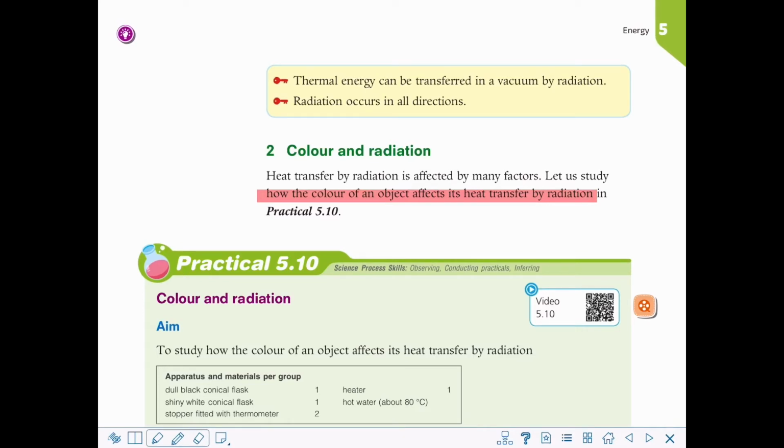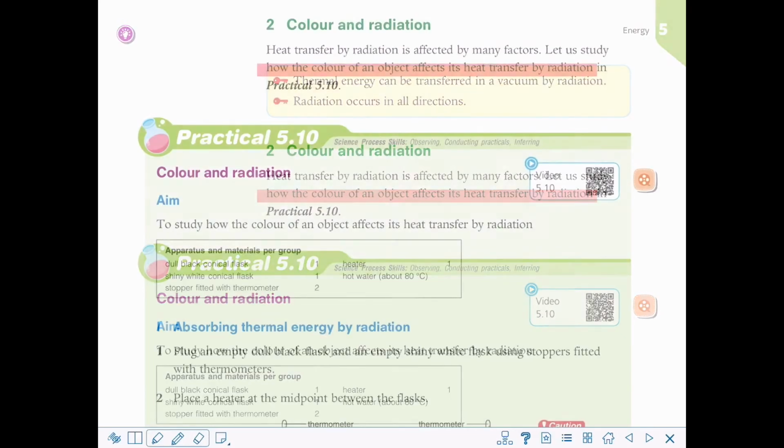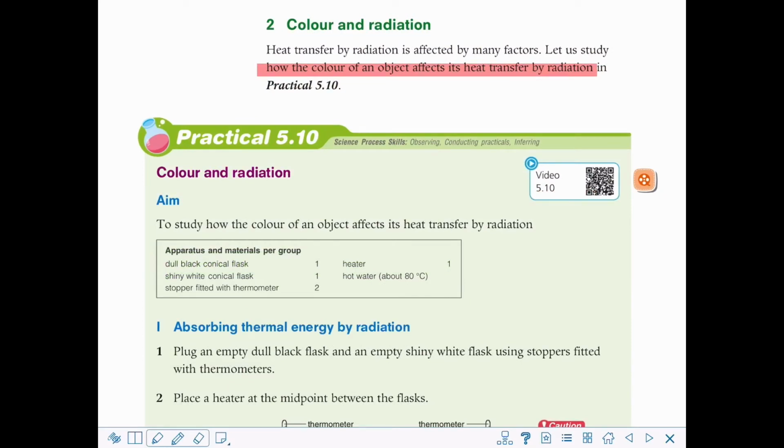Now we will move on to the second aim of this video lesson. We will discuss one factor affecting radiation: color and radiation. Heat transfer by radiation is affected by many factors.